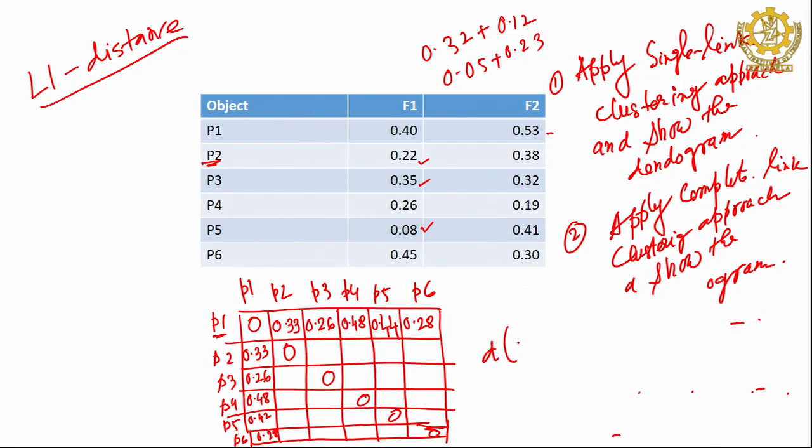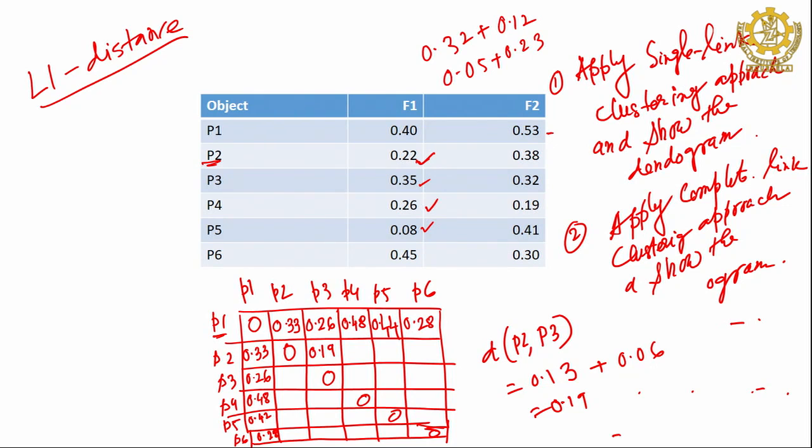So, the distance from P2 to P3 will be 0.13 plus 0.06. So, 0.19. So, 0.19.